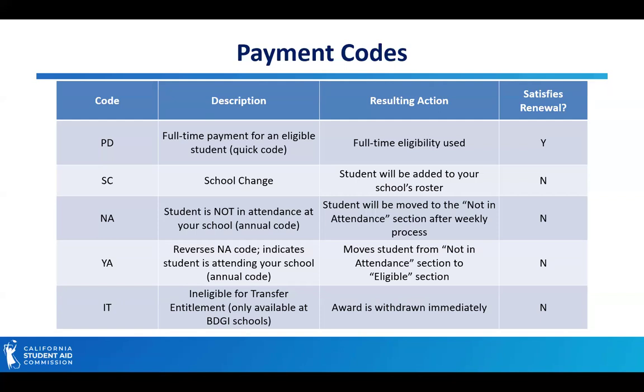You can then submit IT, and that will automatically withdraw the student. Because it automatically withdraws that award, please, please, please, dot your I's and cross your T's to ensure that they are truly not eligible for that transfer entitlement award before utilizing IT.